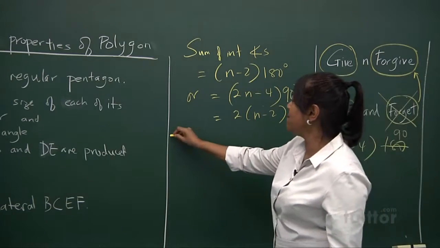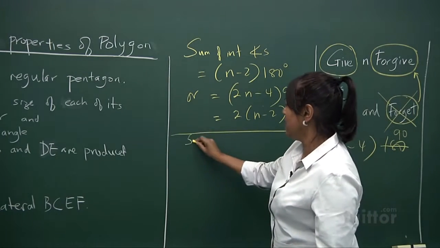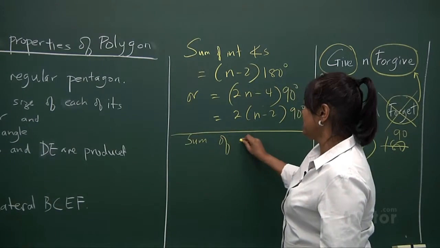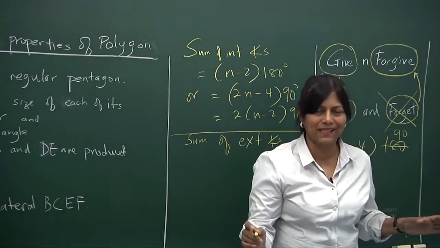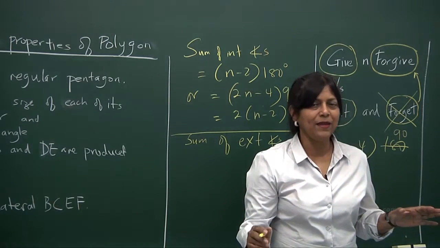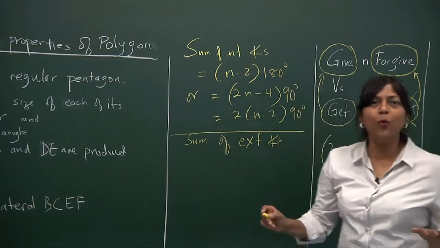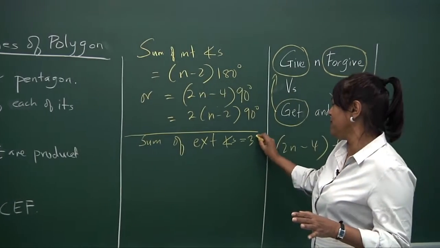How about the sum of exterior angles of a polygon? The sum of exterior angles will always be, irrespective of the number of sides, 360 degrees.